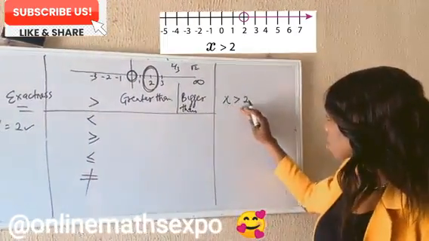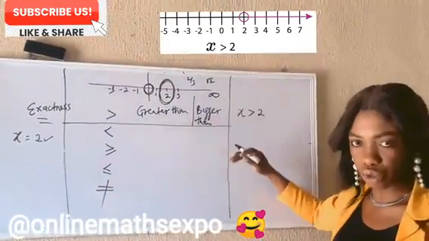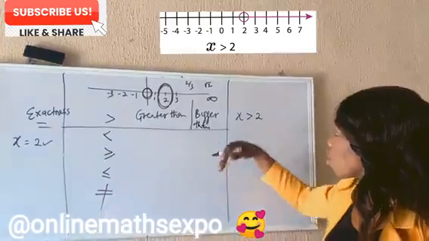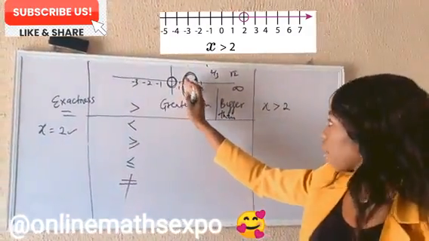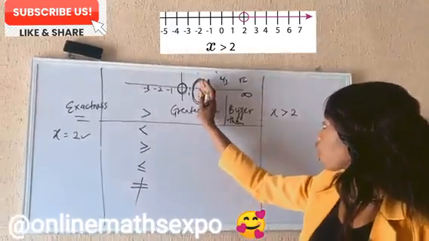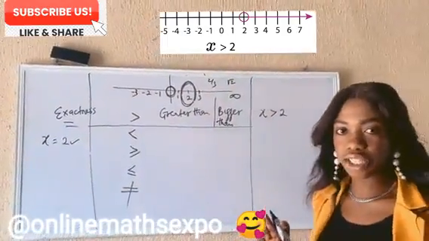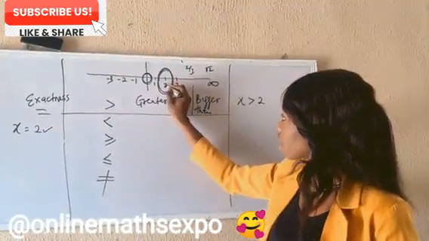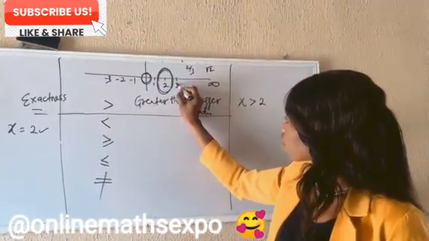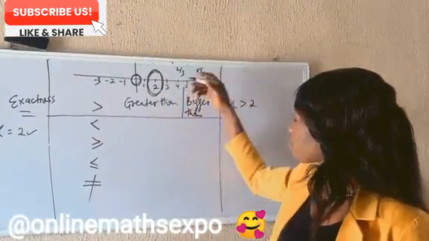If x is greater than 2, that means x is bigger than 2. We are now looking at all those numbers that are bigger than 2, if you exclude 2, you include other numbers. But let's concentrate now on the integers, the whole number part of them. So if x is greater than 2, we are going to have 3, 4, 5, and the rest of them.